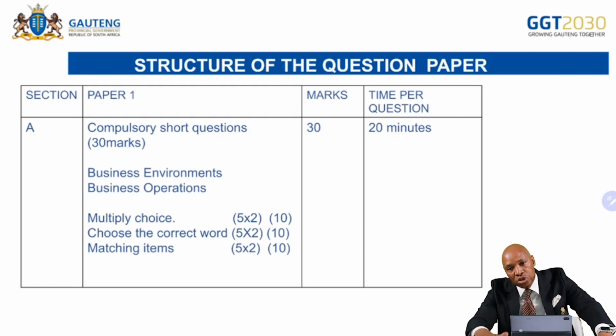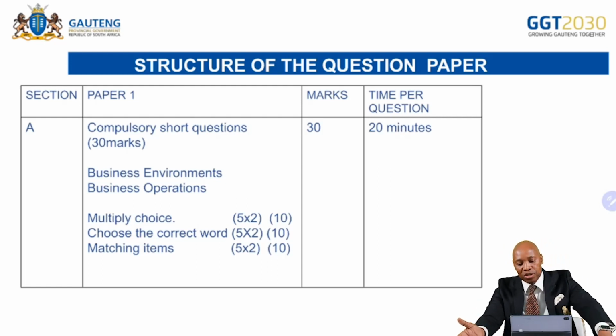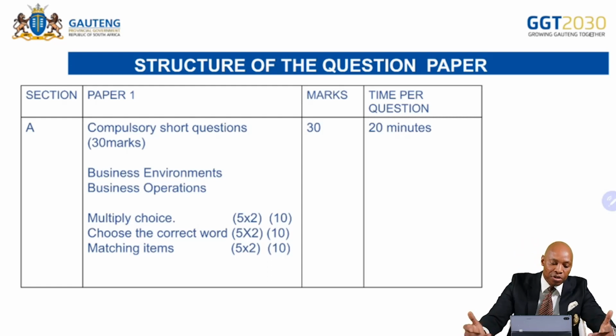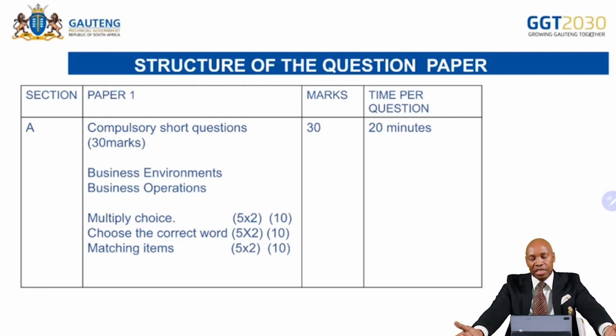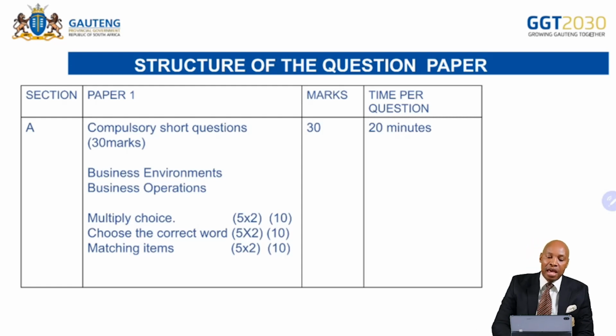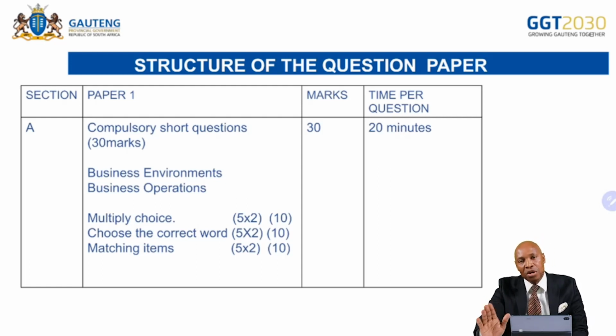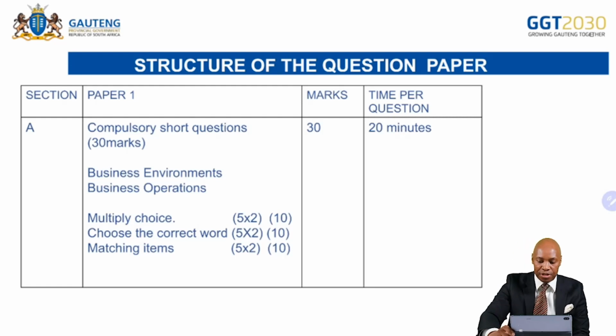I will show you those 5 subtopics. Then you have choose the correct word, which comes for 10 marks. Then you have your matching items for 10 marks, which means for section A, you have 30 marks. It is important that you study all your subtopics.